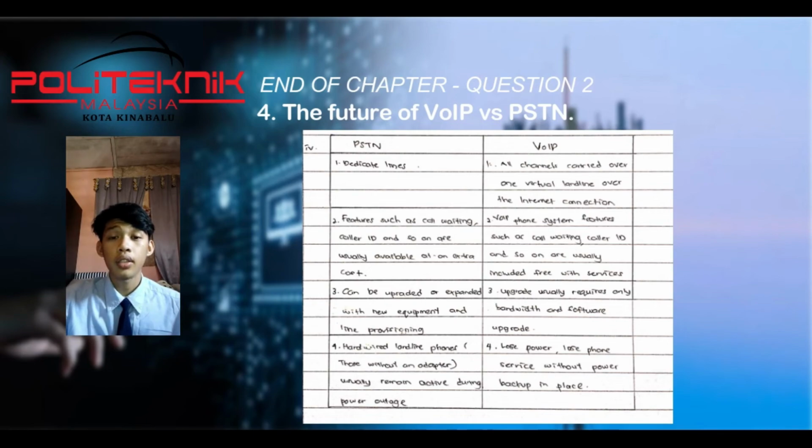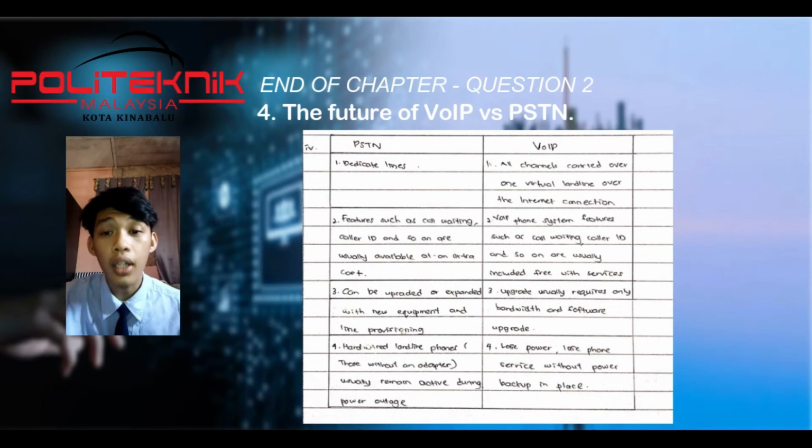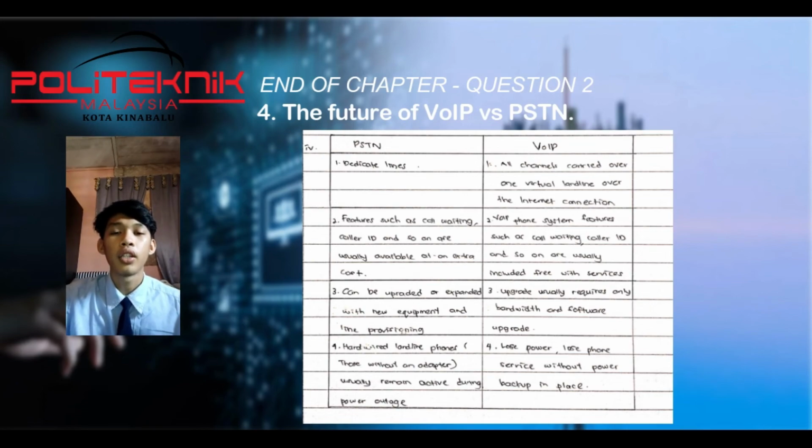The second is that PSTN features such as caller ID and call waiting are usually available at an additional cost. Meanwhile, VoIP system features such as call waiting, caller ID, and so on are usually included free with the service.